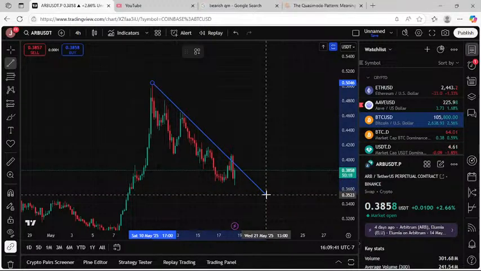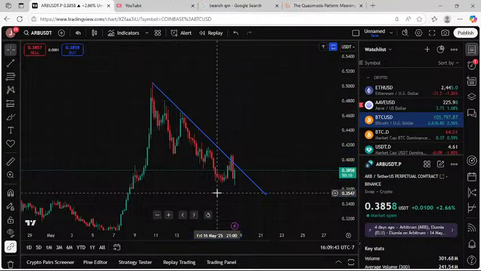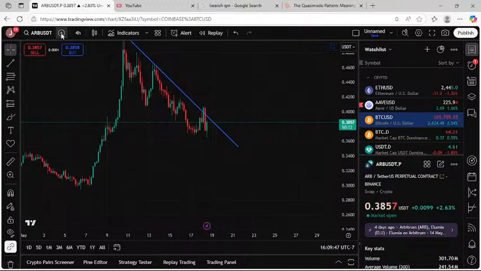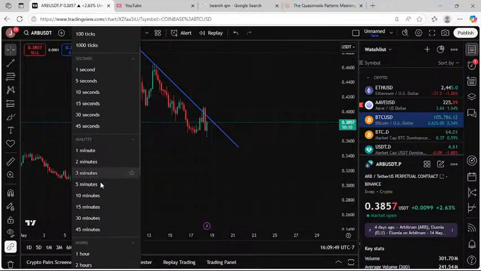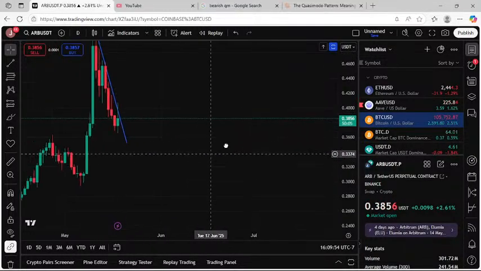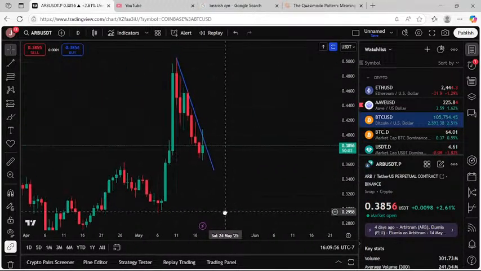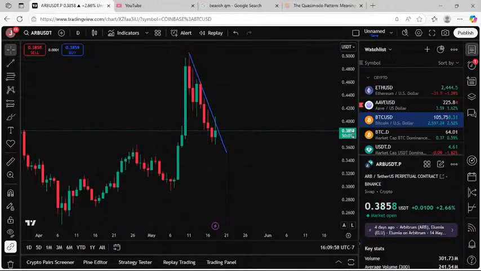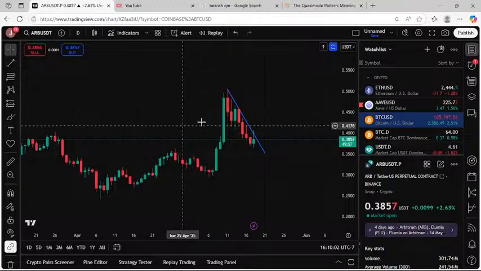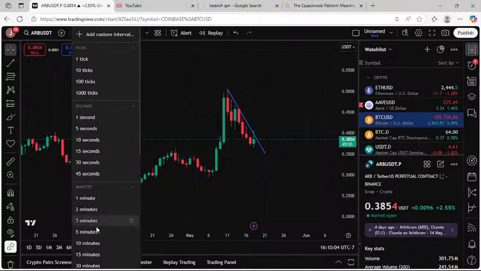Everything comes down, gets a deviation, comes back down. So let's call that mid time frame, bullish or bearish. But pulling back on the daily, it is still bearish. Pull it back on the weekly.